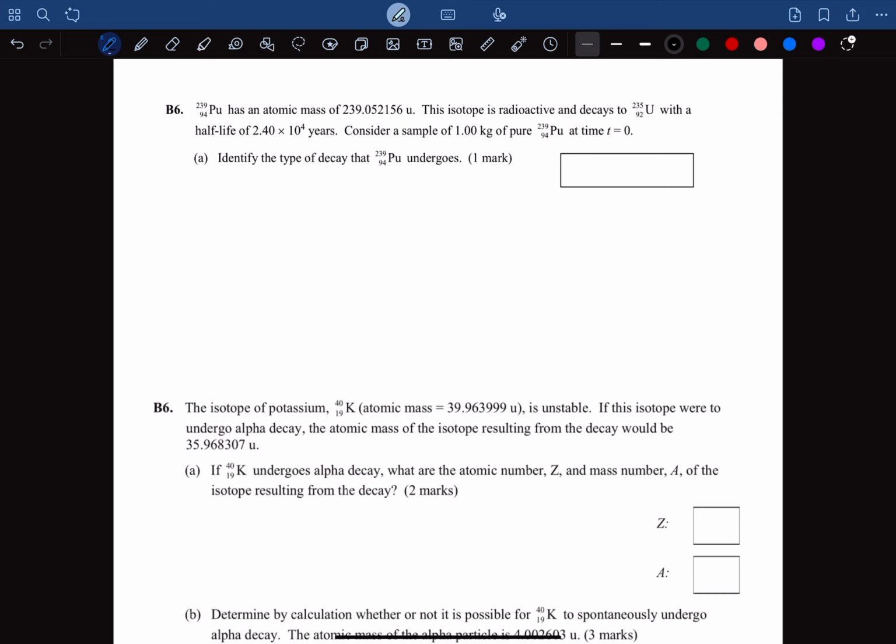The isotope is radioactive and decays to uranium with a half-life. That part of the question will be for another video. But let's just look at question A. Identify the type of decay this isotope goes under. So this is like all the other equations. First, we'll write the parent one.